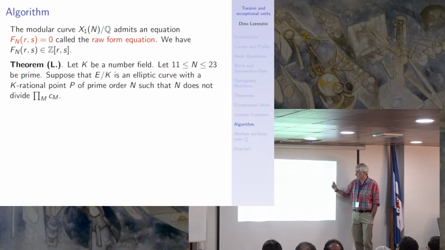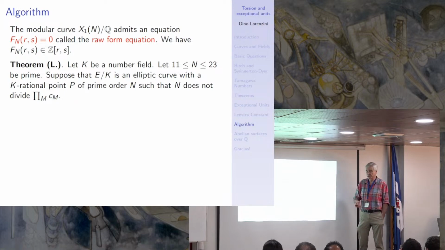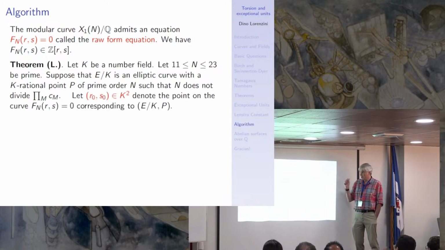So it should work in general, but I can only make it work for these primes so far. Take an elliptic curve with a k-rational point of prime order n, such that n does not divide, no cancellation. Now, any elliptic curve with a point of order n gives me a point on that Rowe form equation.